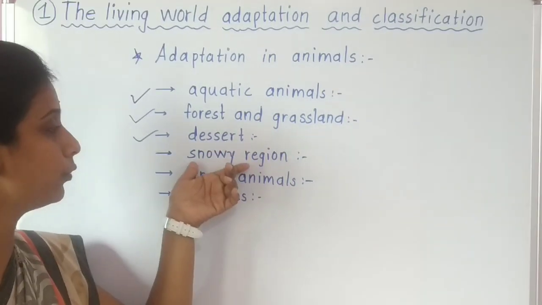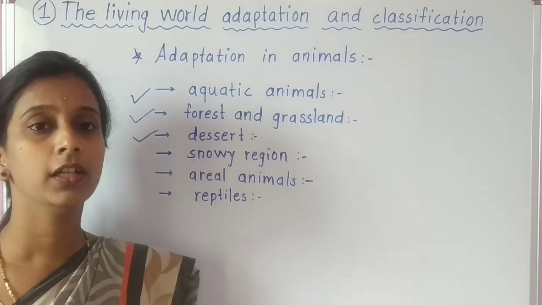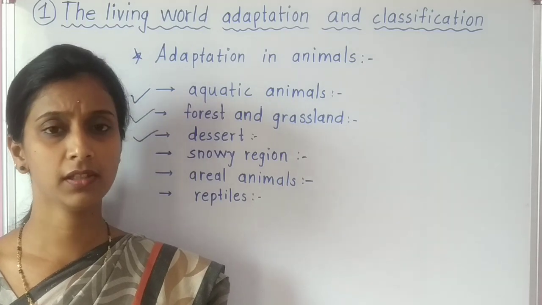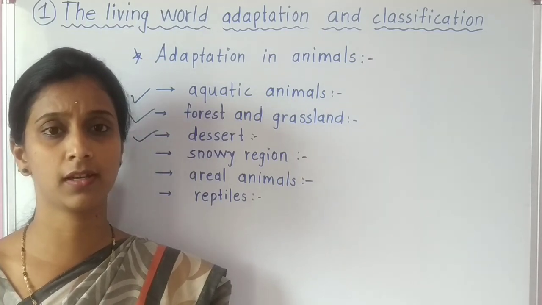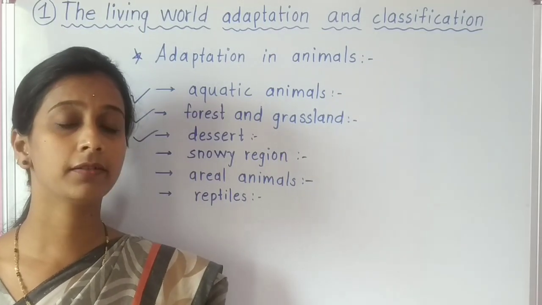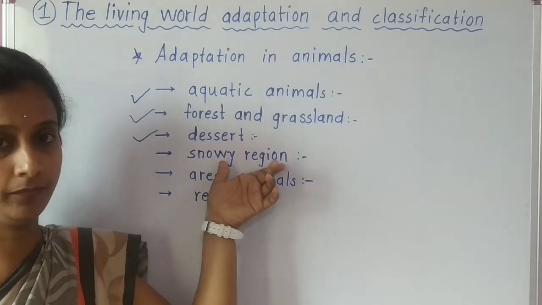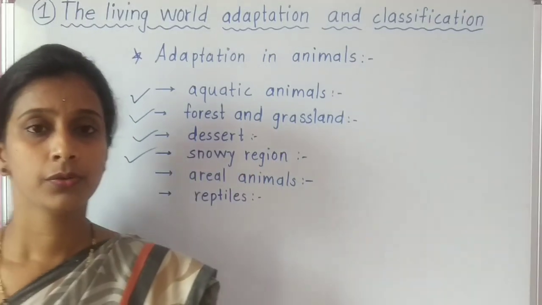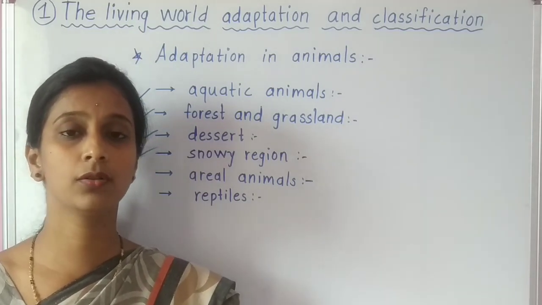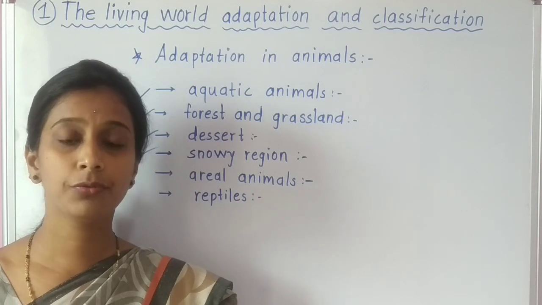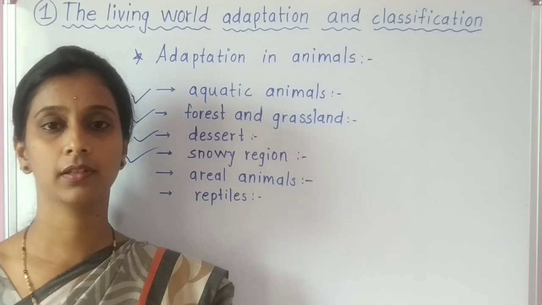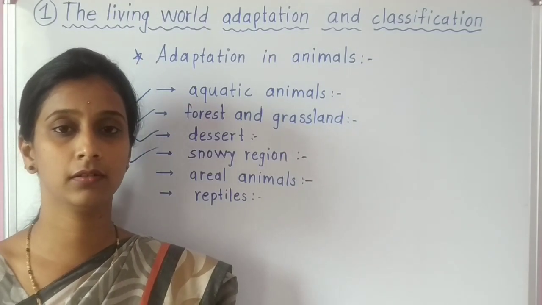Come to the next: snowy region animals. Adaptation in snowy region animals. Animals like the yak, polar bear, silver fox, and Siberian husky are found in the snowy region. We know heavy snowfall takes place always, and the cold climate is present there. To survive in this type of climate, these animals are adapted with thick skin.